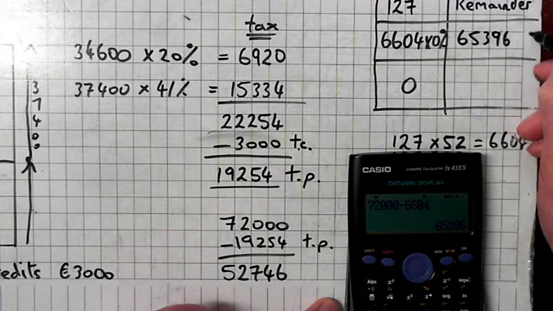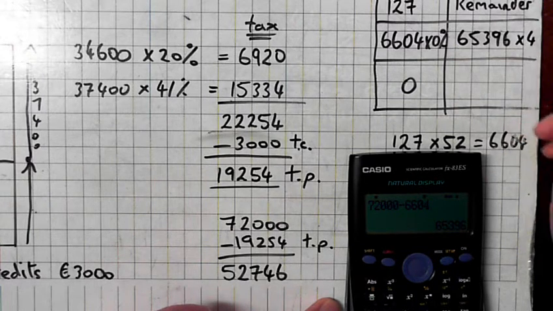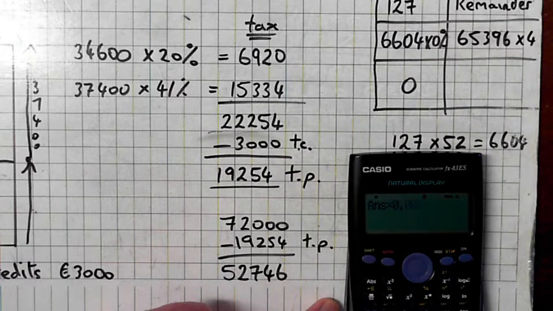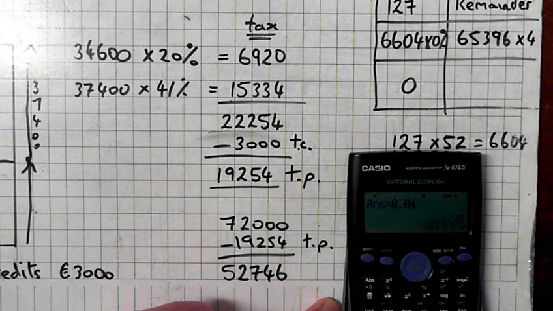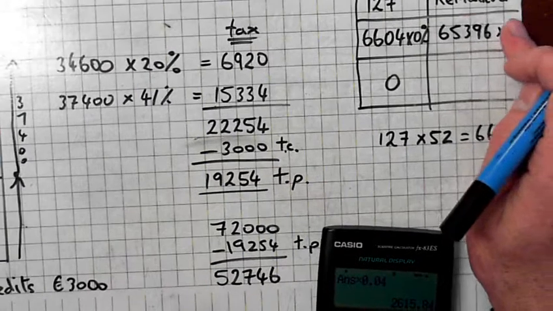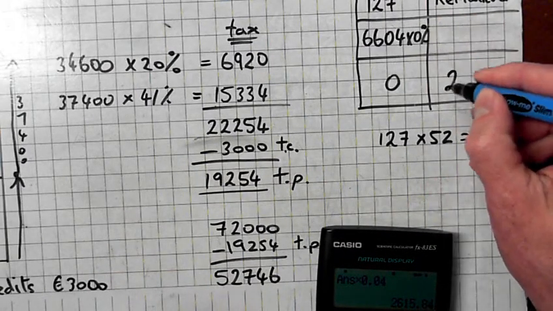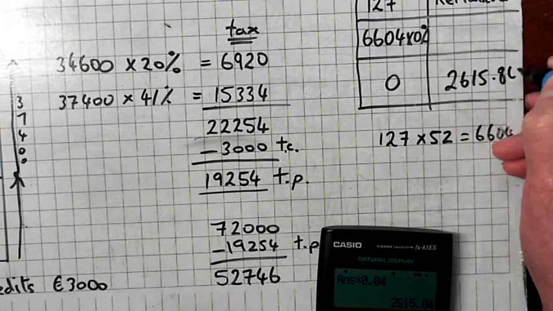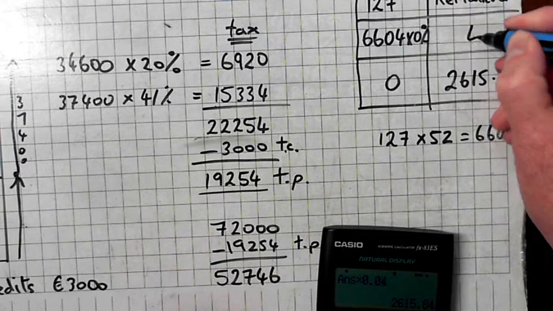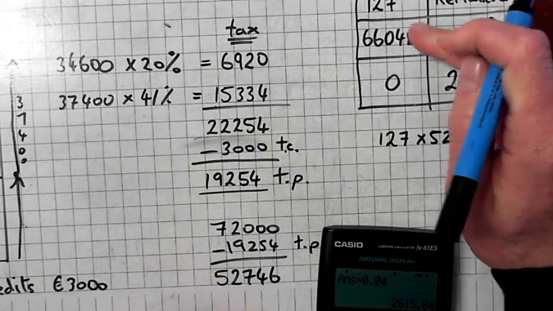And what do you do with that? You times it by 4%. Alright, so the amount is 2,615.84. That's how much PRSI you have to pay at 4%.